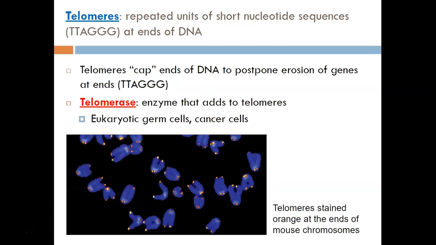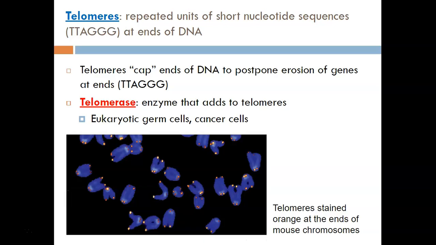And another thing to kind of note is on the ends of our chromosomes, we have something called telomeres, and they're short units that are repeated over and over. They kind of act as a cap. And as our body replicates DNA over and over again, we kind of shave off ends after each replication.